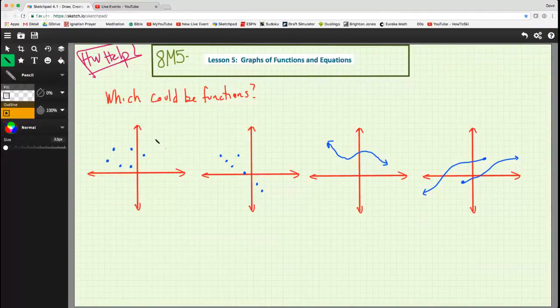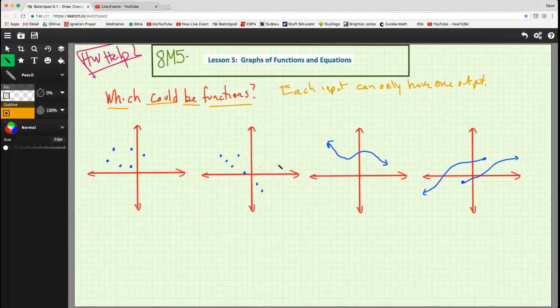So the question is which could be functions? Well, let's look at this. Remember, each input can only have one output.